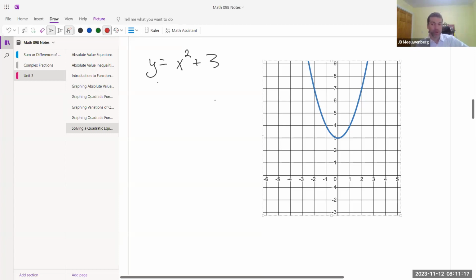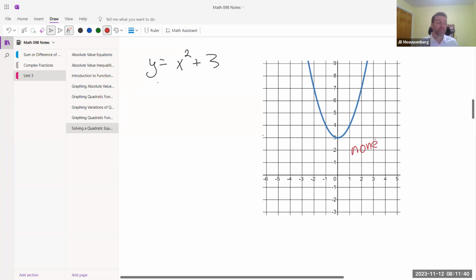And so if we're looking at the equation, y equals x squared plus 3, and we compare it to the graph, and we're thinking, what are the x-intercepts? What are the zeros? Well, this one actually does not cross or touch the x-axis at all. So there are no x-intercepts, right? There are none here. That's going to happen sometimes.